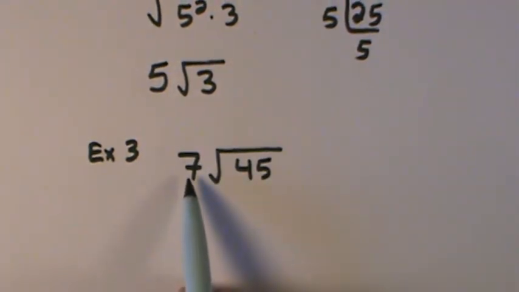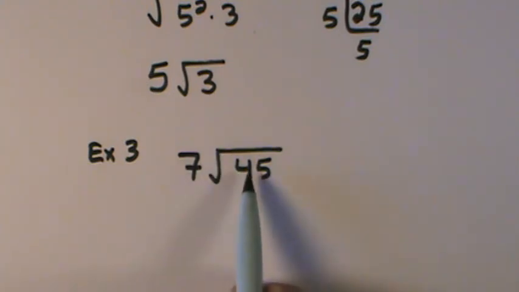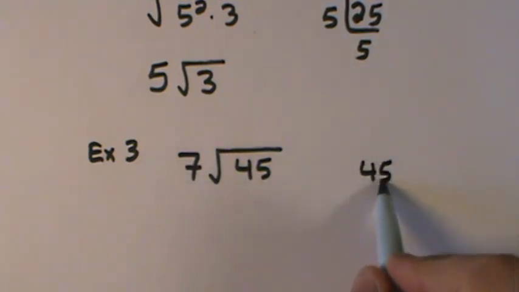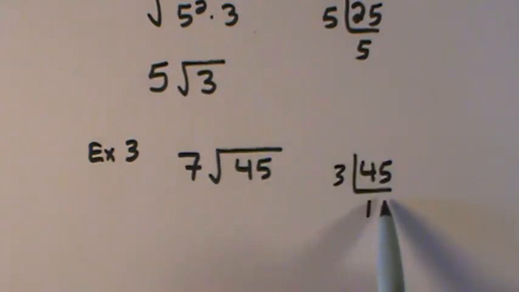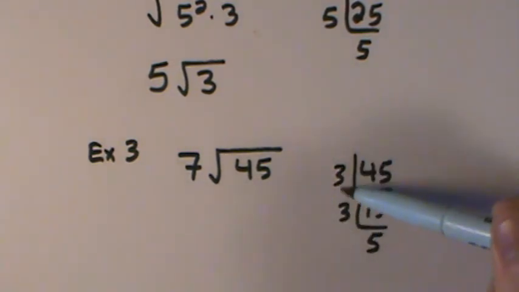So with this, we still have an index of 2. It's an implied 2 there. We're looking for pairs. So we take that 45 and we need to break it down. So we'll say 3 goes into 45 15 times, but 15 breaks down as 3 and 5. So this gives me a set of 3's.